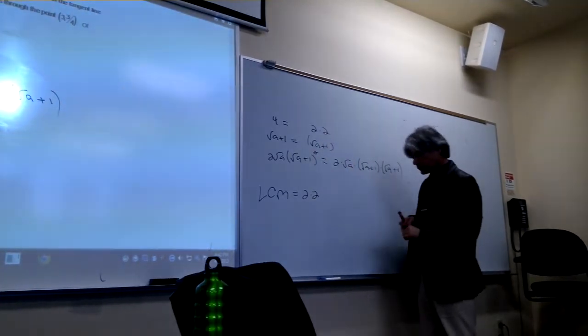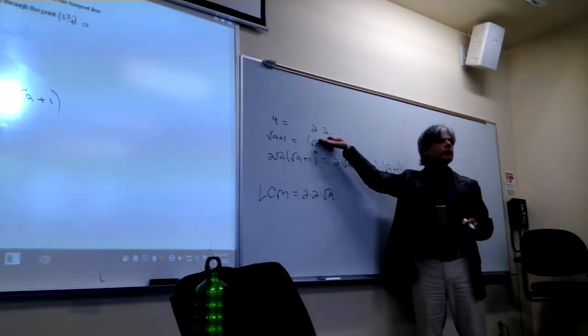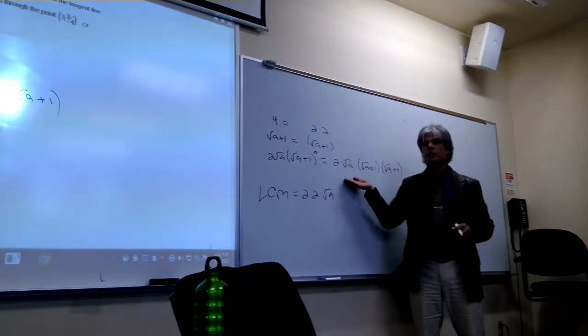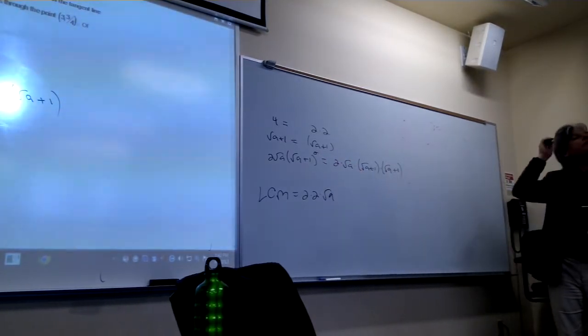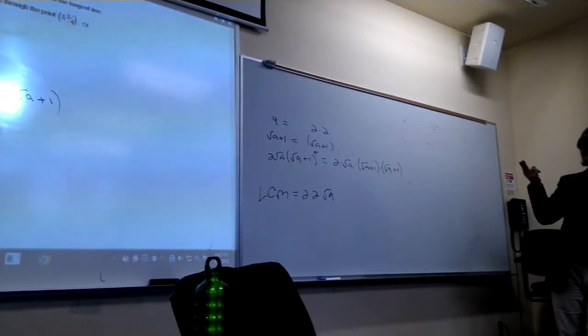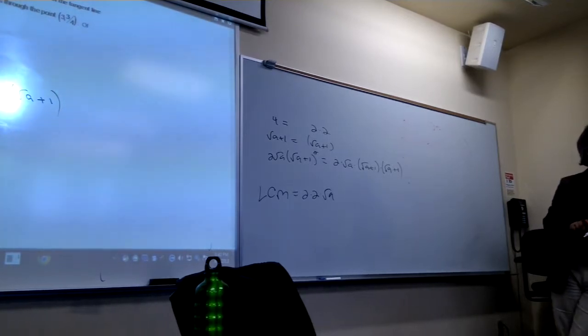Humor me. Do you see a root a somewhere as a factor? How many times? Once, but the greatest number of times you see that occurring as a factor is 1, so it shows up in my LCM once, because these 3 beasts have to divide evenly into it. The one that involves it once has got to divide in as well, so that thing up there better have a factor of root a.